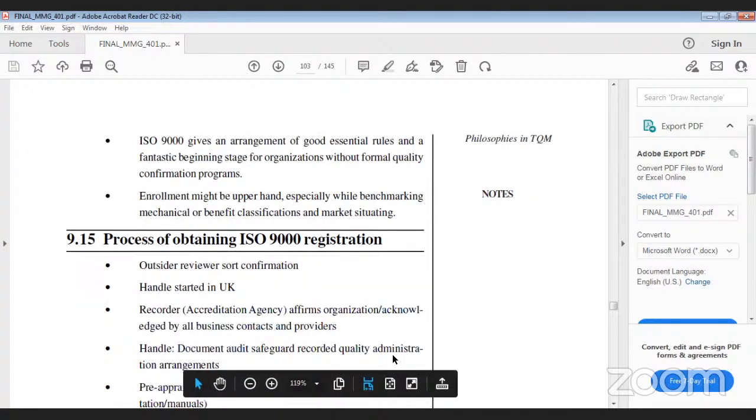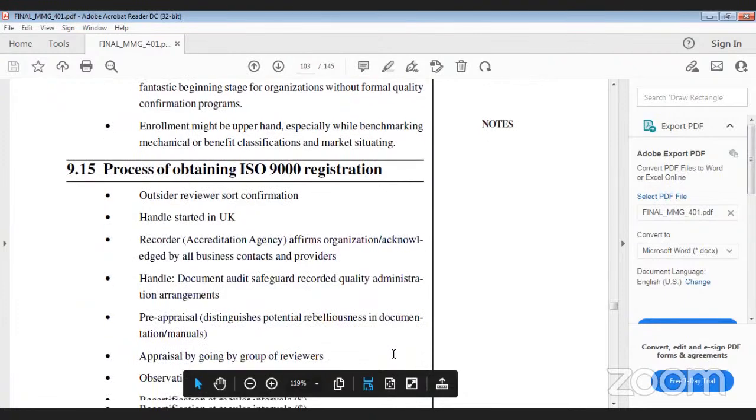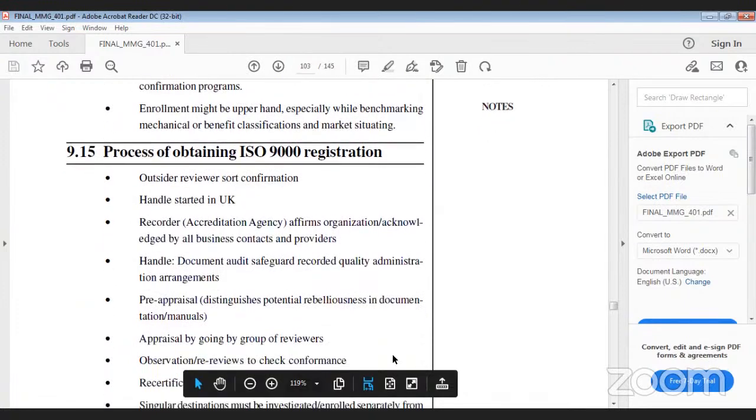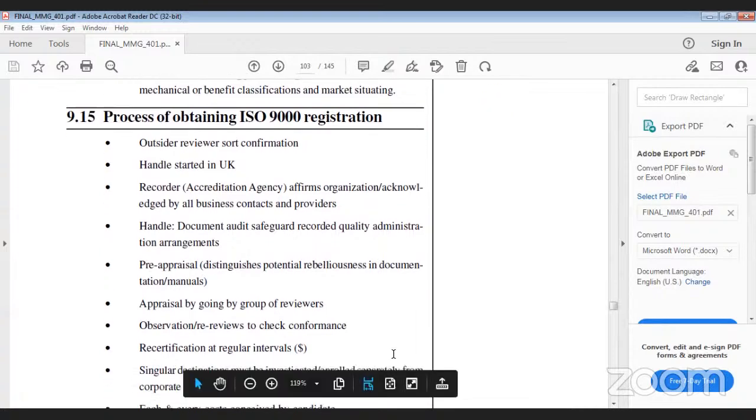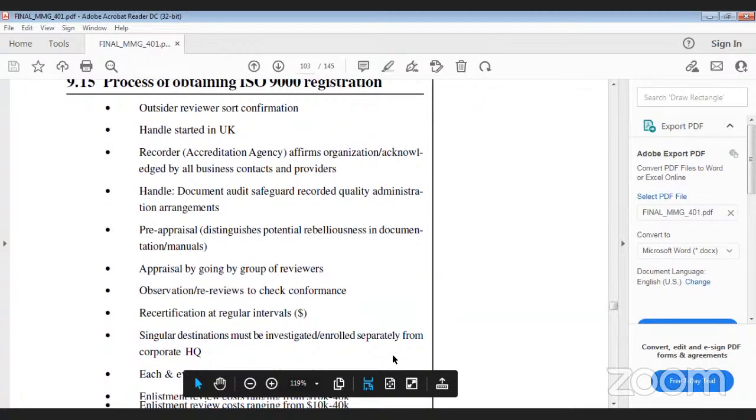now there is the process of obtaining ISO 9000 registration. There are some points that must be noted, 12 points in all. Outsider reviews, short confirmation, then handled, started in UK, then recorded or the upper organization acknowledgement.